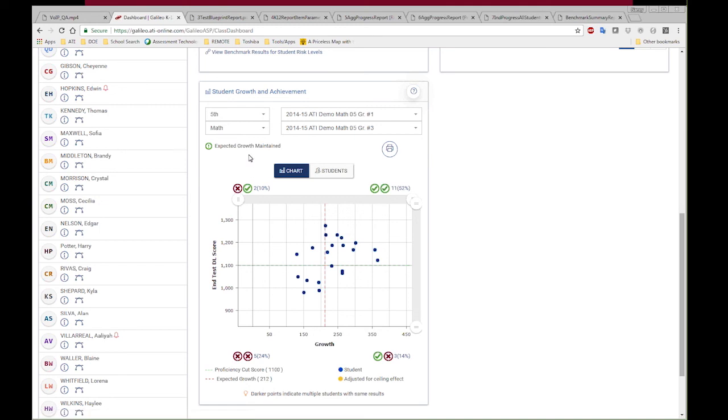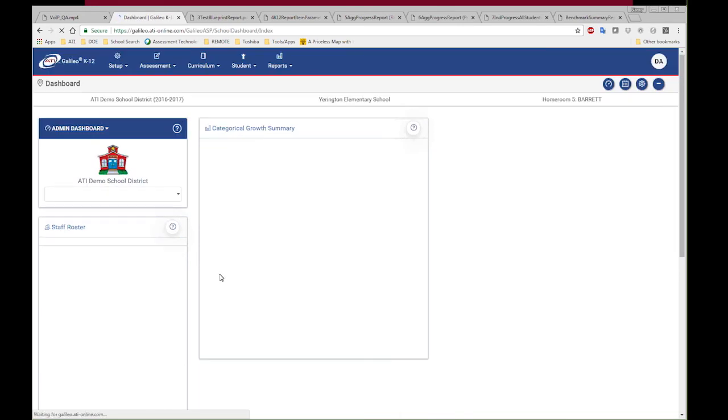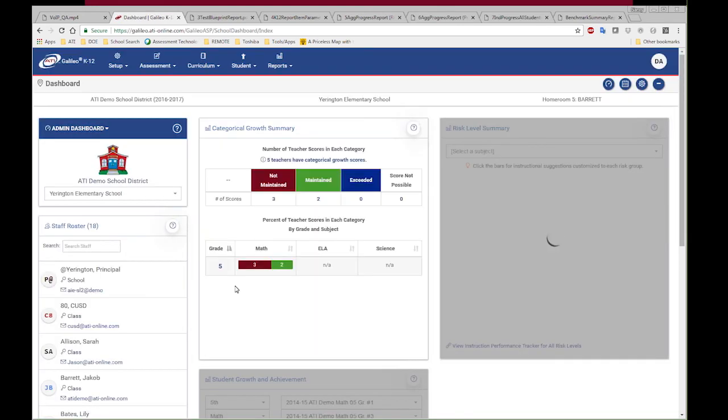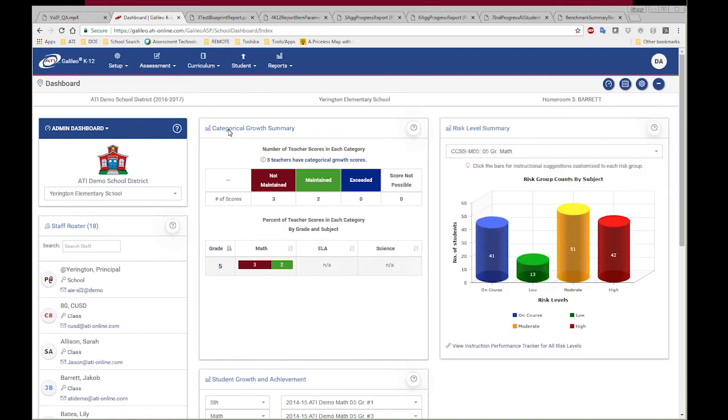Which brings me to this particular notation here. Expected growth maintained. This is for the teacher. The teacher's performance. Which brings us to another dashboard and how we can use that student growth data, that can be included in a categorical growth summary.